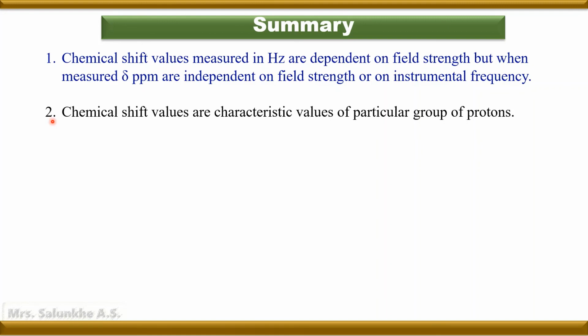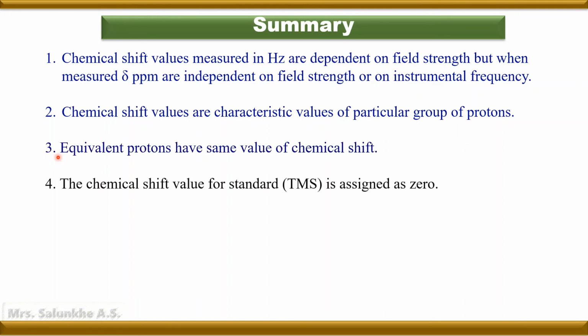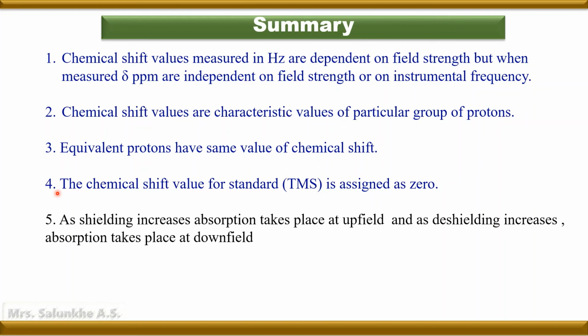That is, it indicates the resonance position of the proton in the spectrum. Equivalent protons have the same value of chemical shift. Chemical shift value for the standard, that is tetramethylsilane, is assigned as 0.